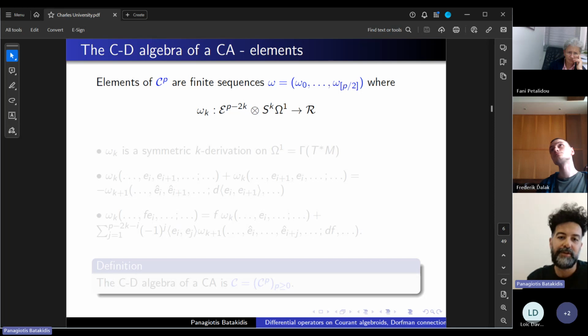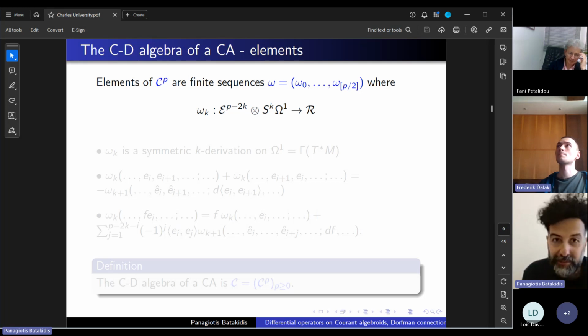There are the variables from sections of your Courant algebroid, which carry powers of this module, and then it also takes symmetric powers of one-forms. So there are two kinds of variables for omega_k. But whatever the variables you give it, omega_k takes values in the smooth functions of the manifold.